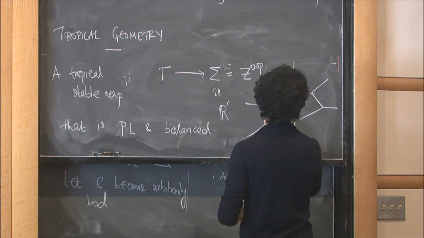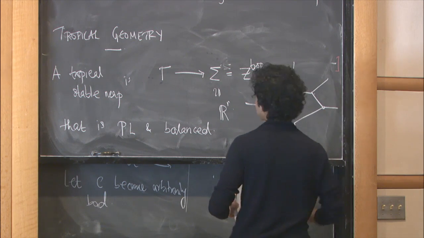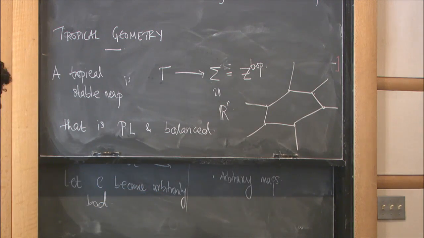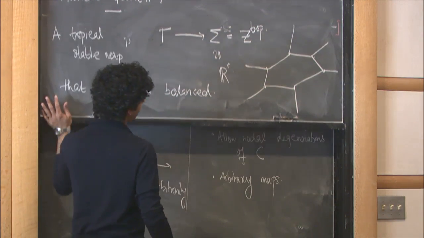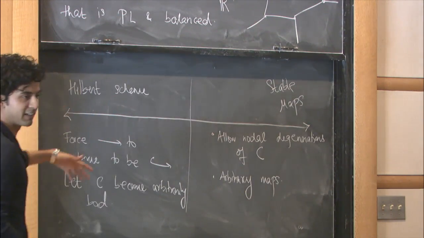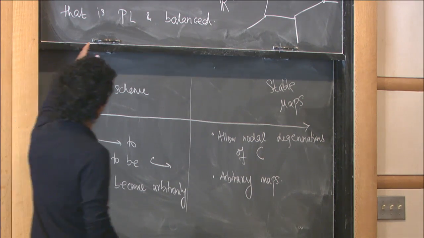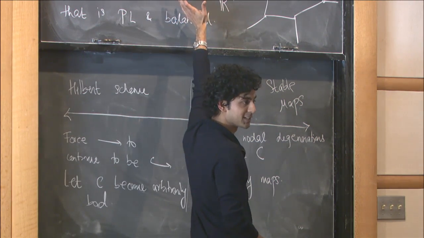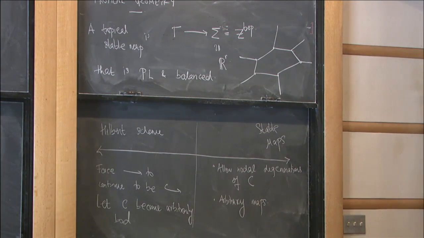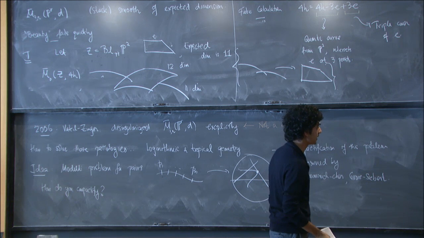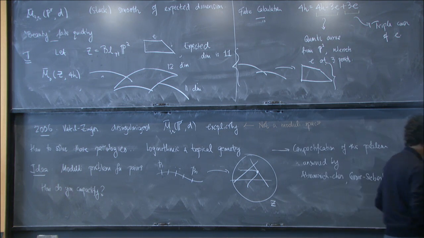It's not terribly important exactly what they are, but they're graphs together with a map to some vector space. Some piecewise linear version of the moduli problem we're already interested in. And there's some discrete data here. There's a well-defined notion of the genus of one of these tropical curves that's going to correspond to the genus of the moduli problem I set up on the classical side. And okay, I'm happy with that.